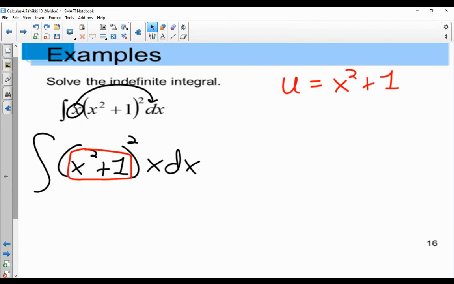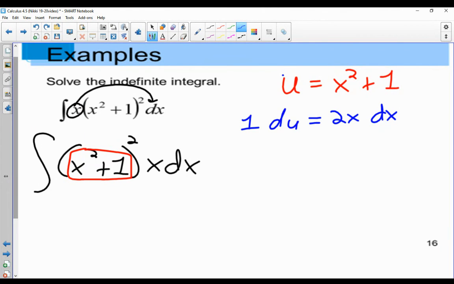And then just like before, derive both sides. If you derive the right side, you'll get 2x, and then you'll label that as dx. Then derive the left. Derivative of u is 1, label that as du. But again, you don't need to put the 1 there at that point. Just put du.